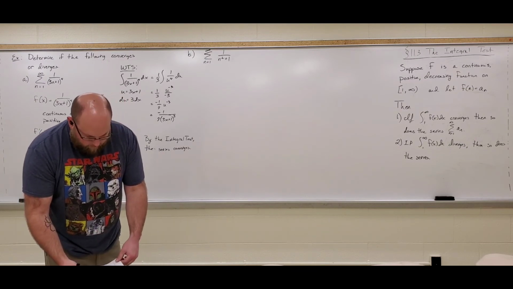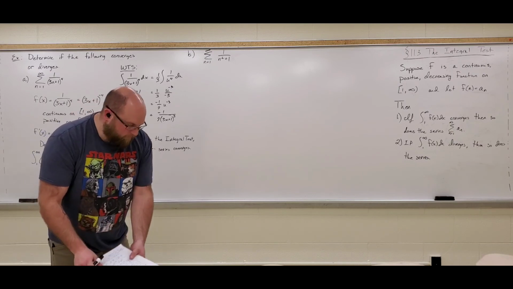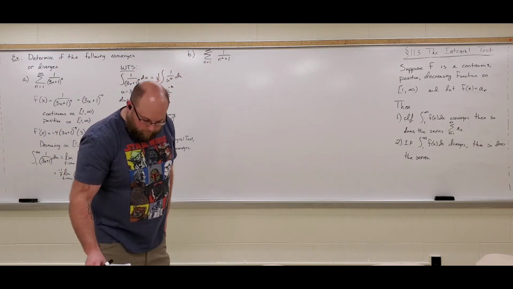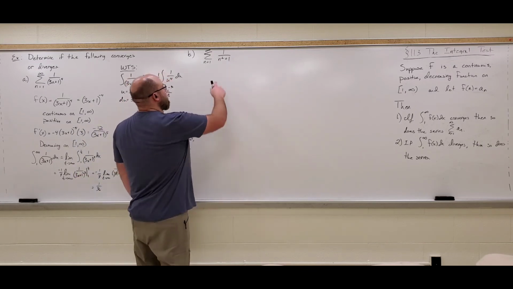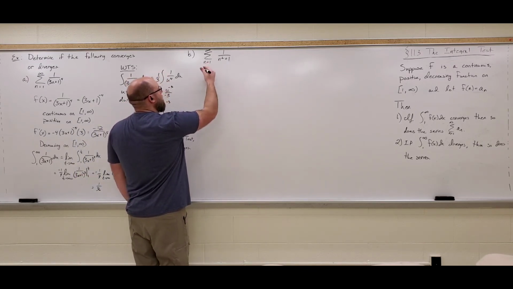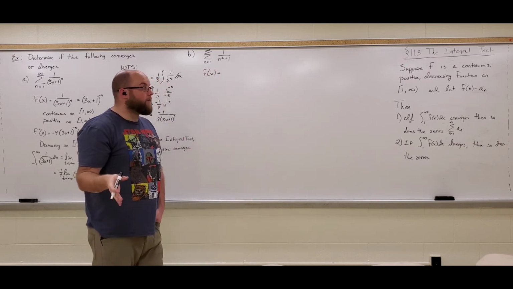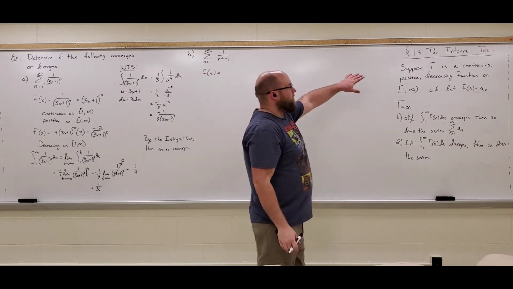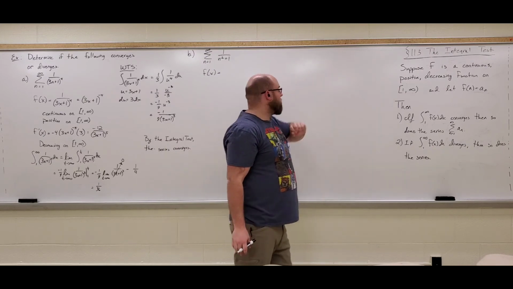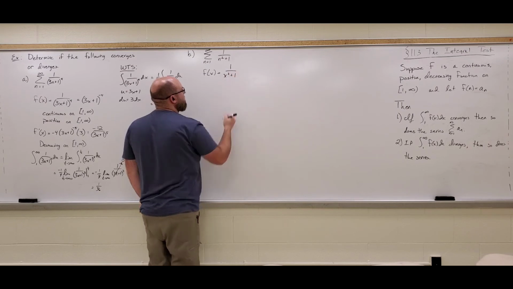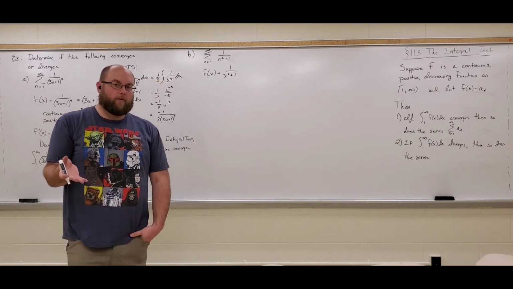B. We have 1 over n squared plus 1. So first of all, we can clearly see here that this is going to be positive. So if we look at f of x, again, what are the criteria for the integral test? Again, continuous, positive, decreasing. Again, it seems almost like cheating, but this is exactly what we're going to be doing.